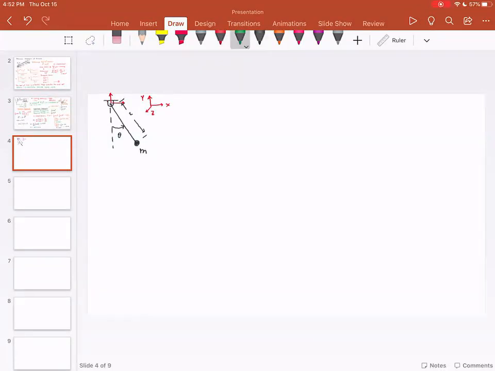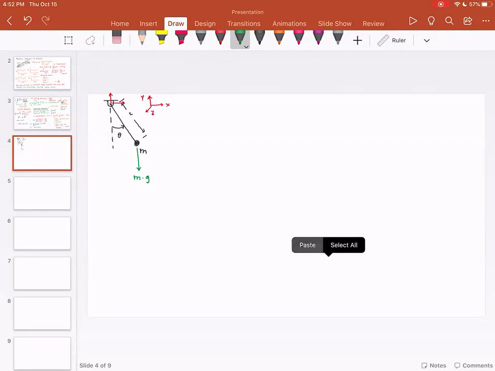Please note, this is the mass. So the force because of gravity is m times g, that is going down. And let's assume that I am adding counterclockwise motion.